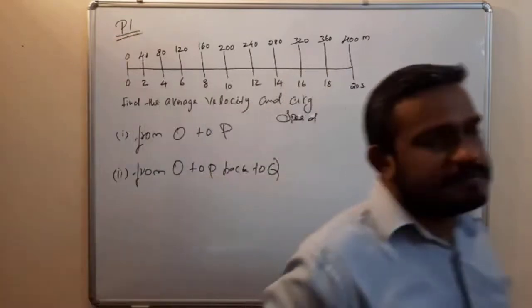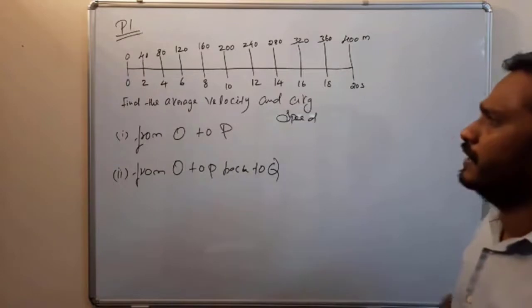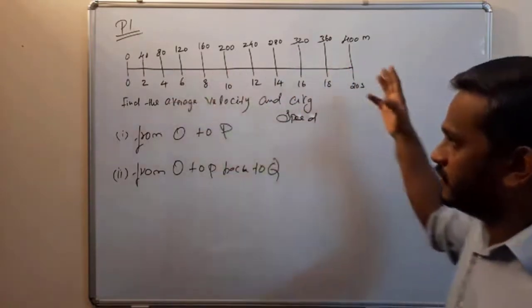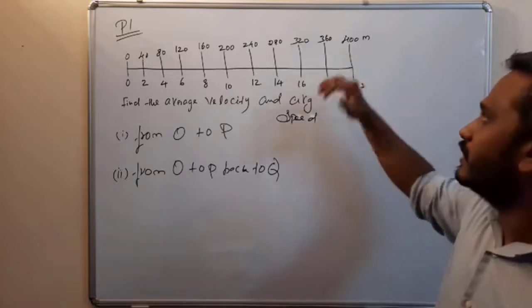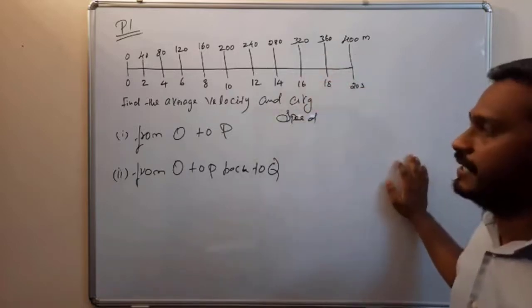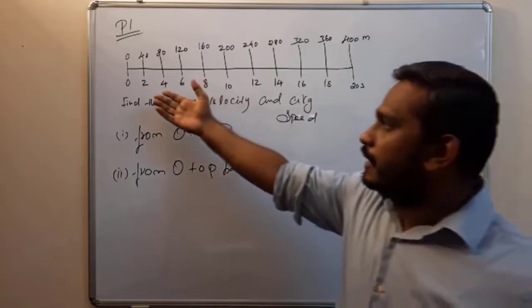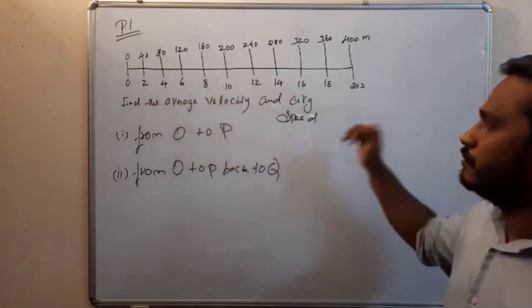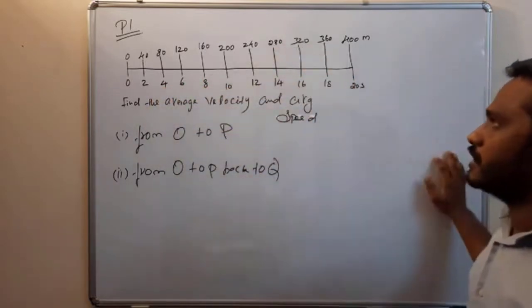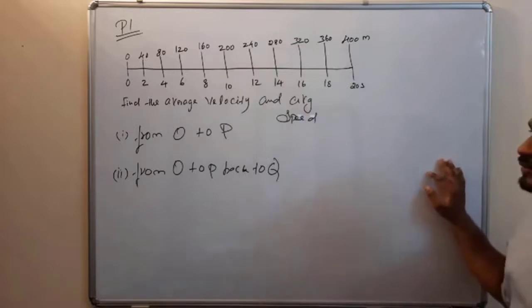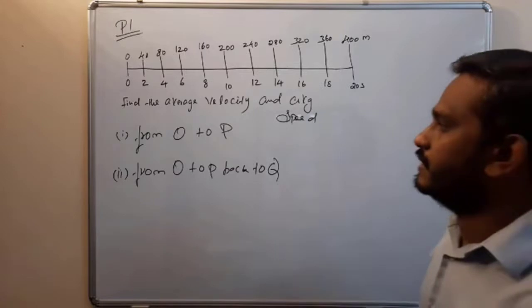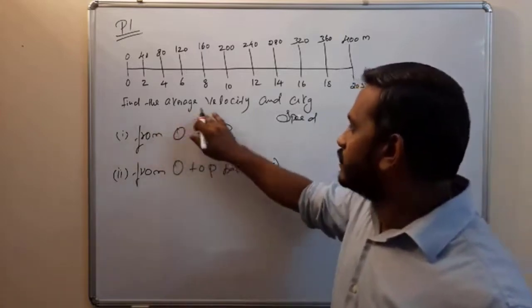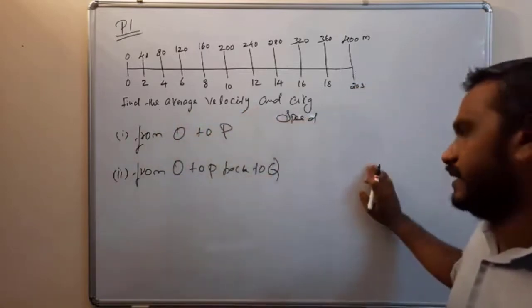So a car is moving on the x-axis. The x-axis is given with the time and the corresponding distance. The lower part shows the time values and the upper part shows the corresponding distance values. So we have to find the average velocity and average speed.